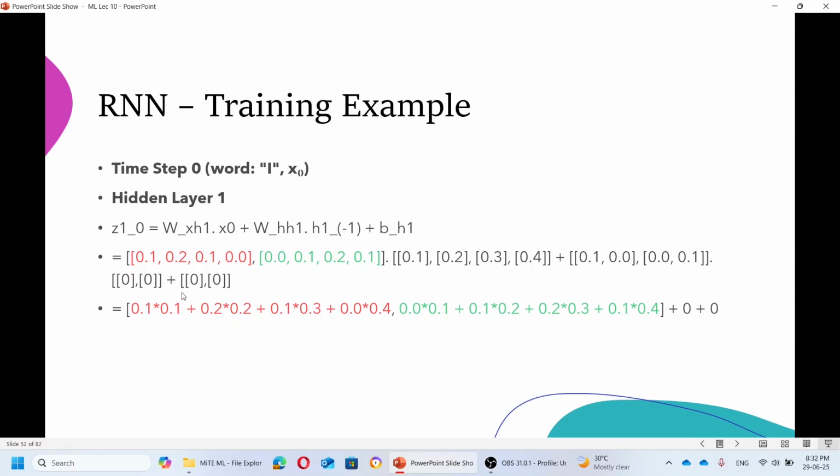As I told you, we didn't use the bias before, but now we are going to add this bias as well, which is initially 0. Simply matrix multiplication, and we again get 0.08 and 0.012. Again, that means we have only 2 output values from the first neuron of the first layer.